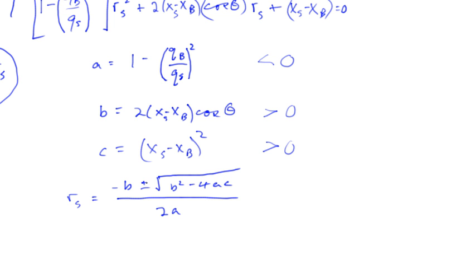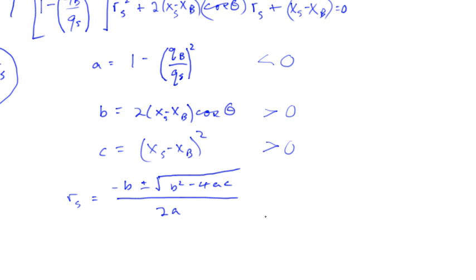So if I chose the positive, that would give me a positive result up top with a minus sign down here for the A. That would give me a negative result for RS. So I need to choose the negative sign. Then both terms upstairs are negative. The whole numerator is negative divided by the negative A is going to give me a positive.